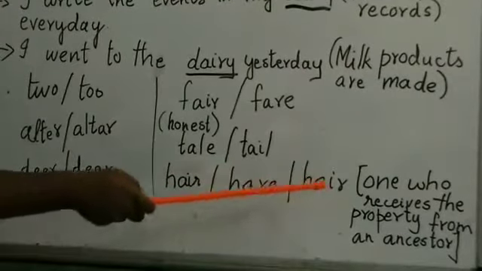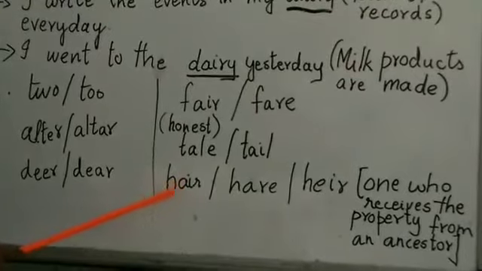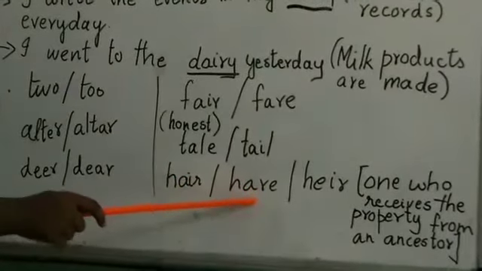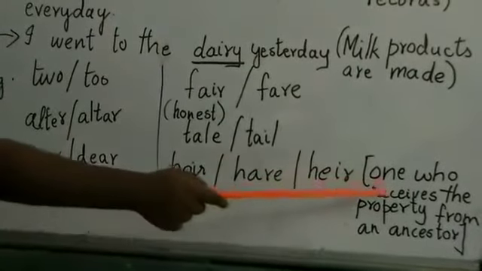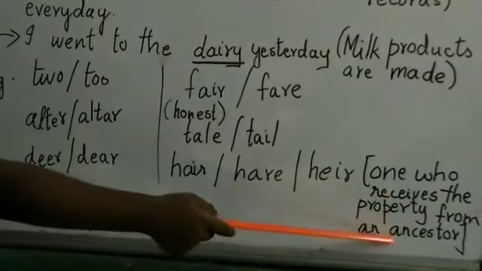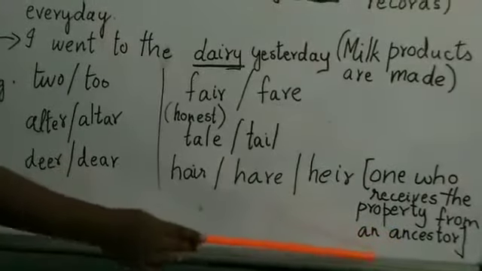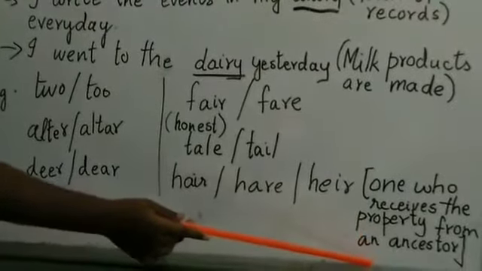See here, 3 words are there. First hair, our hair is black. The other hare, the hare and the tortoise story, we use H-A-R-E, it is a form of rabbit. H-A-I-R means what? One who receives the property from an ancestor. So, he is the heir. So, you can see the difference. Hope you have understood about homophones. We shall move on to the next.